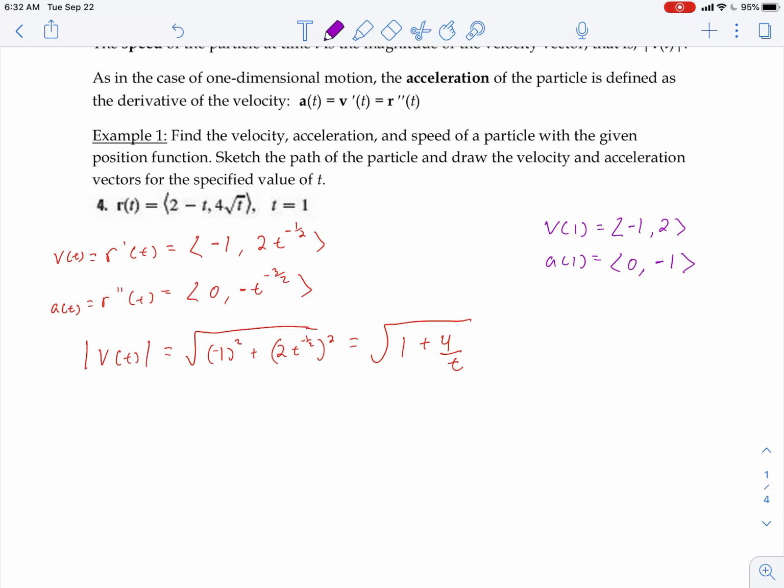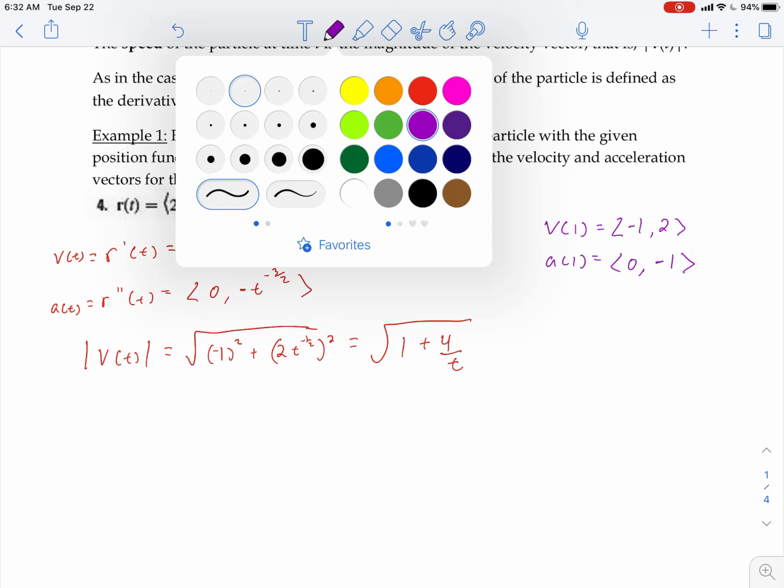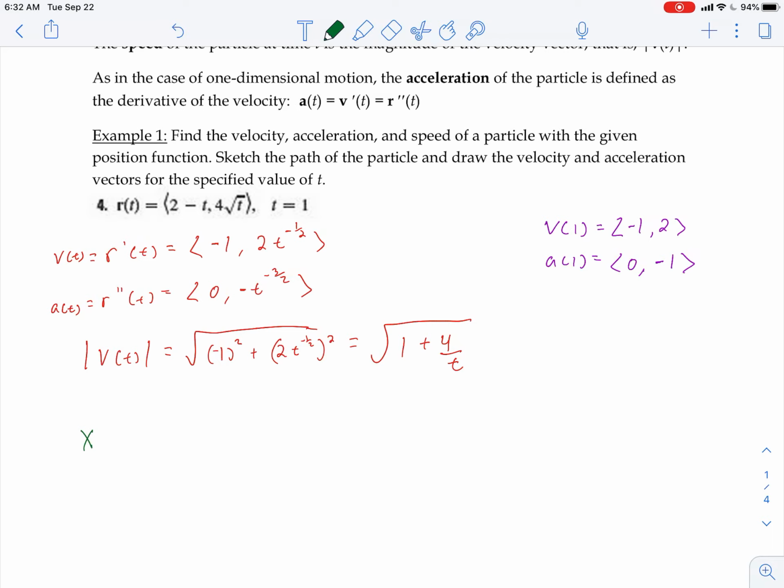Alright, and now we would be finished, but it now wants us to sketch this on a curve. This isn't going to be too complicated. Again, if we were going to sketch something, I'll change my colors. We would say x is equal to 2 minus t. So we could say t is equal to 2 minus x, and y is equal to 4 square root of t, or we could say y is equal to 4 square root of 2 minus x.